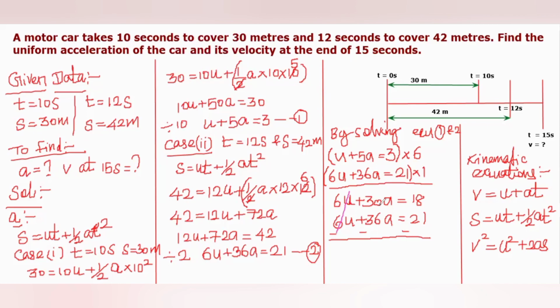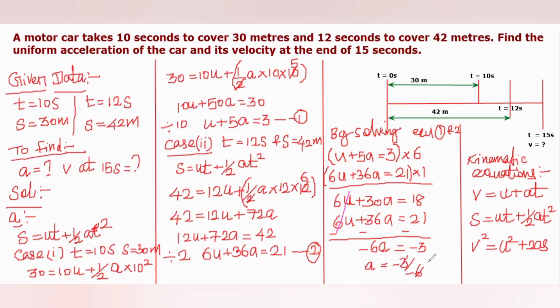Then if you subtract 30a from 36a, we will get minus 6a equal to minus 3. So we can write a equal to minus 3 divided by minus 6.